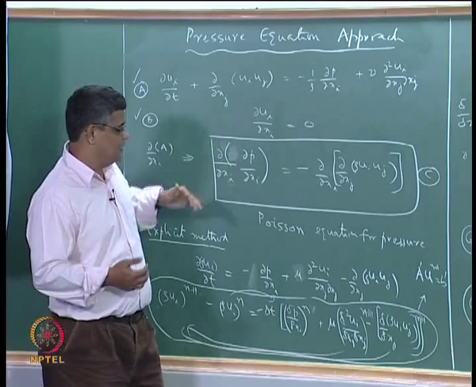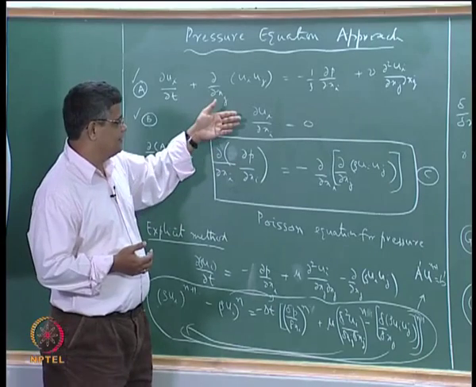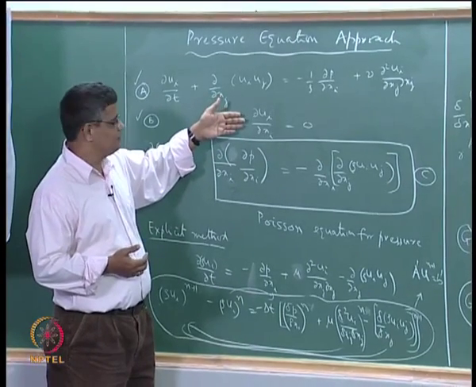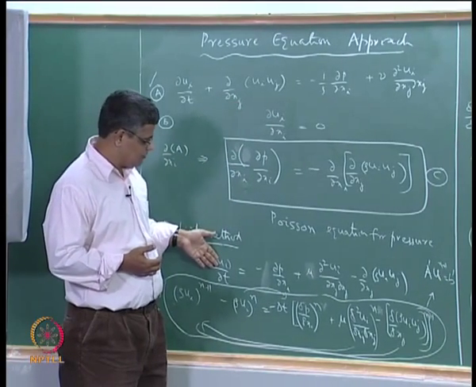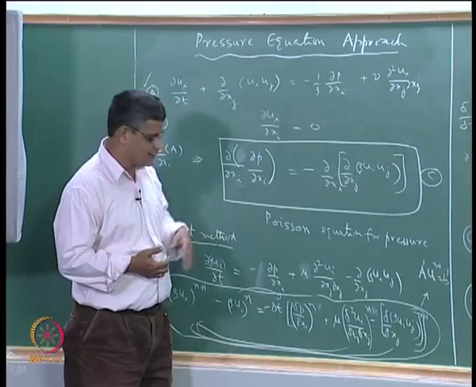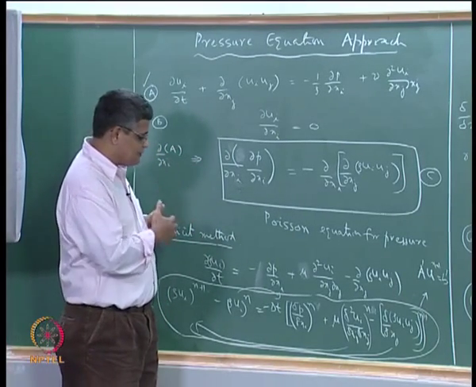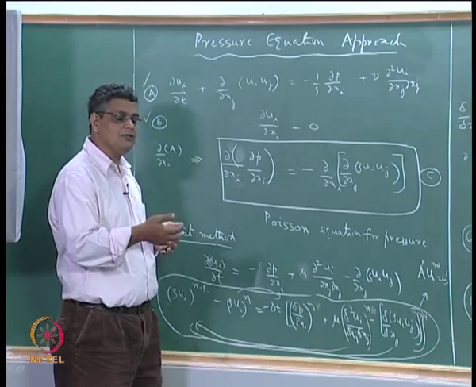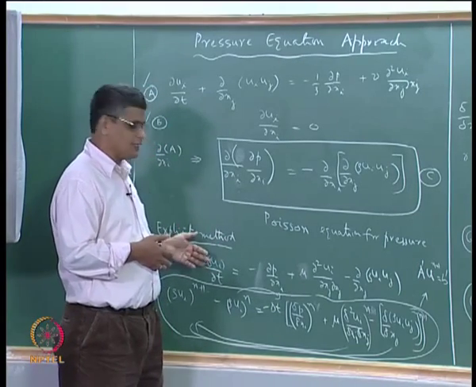So from the discrepancy between the exact velocity field which satisfies the continuity equation and the estimated velocity field from the momentum equation with the guessed pressure field, okay, so that discrepancy is used to derive a pressure correction which will be used to update or improve the guessed pressure field to get a new value.